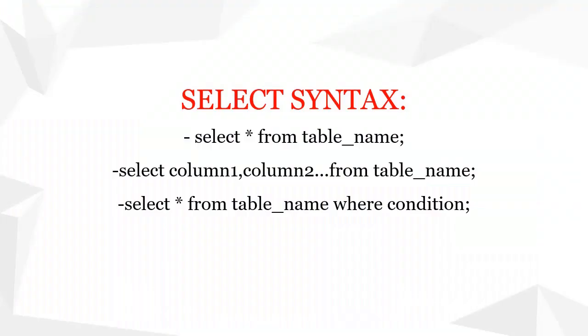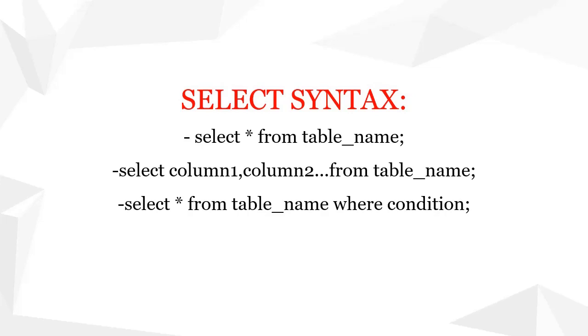Starting with the basic syntax of the select statement. We have different kinds of syntax for the select statement. The first one, which we have already used in our previous videos, is select star from table name, where you give your own table name. This statement retrieves all the complete data from your table.